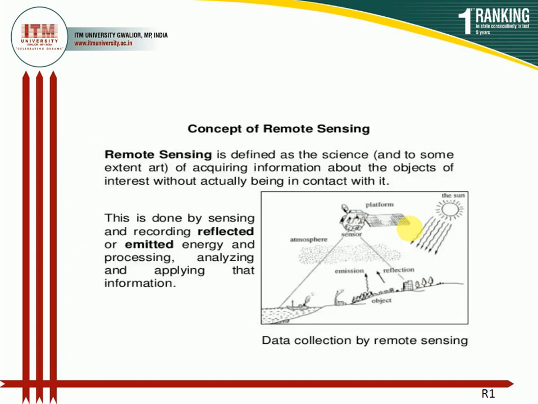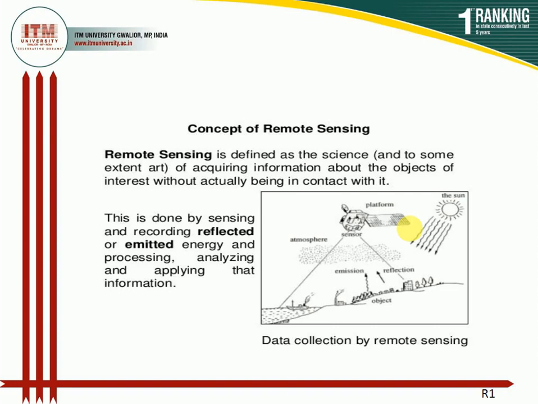The main concept of remote sensing is that the light may be artificial or the light may be natural. The light ray strikes the surface of earth, the vegetation or the land feature absorbs or reflects back that radiation.